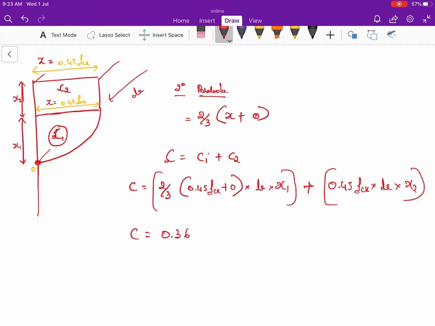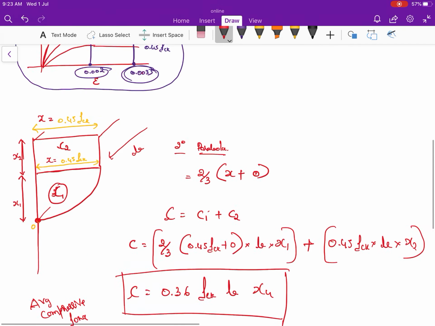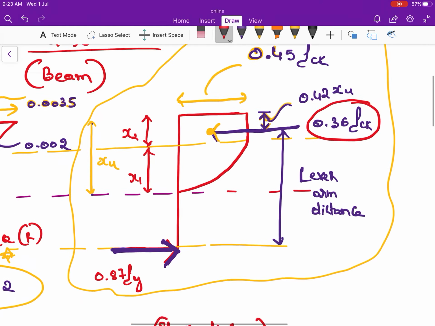equal to 0.36 FCK B into XU. This is the average compressive force that is going to act. So what is the average compressive force? You can see here, that is 0.36 FCK.